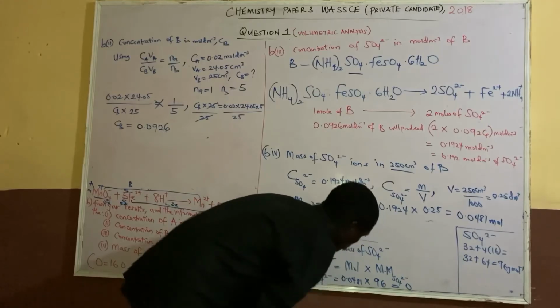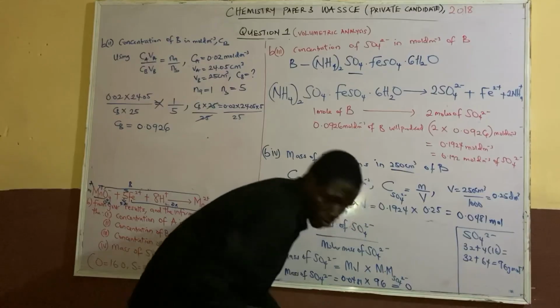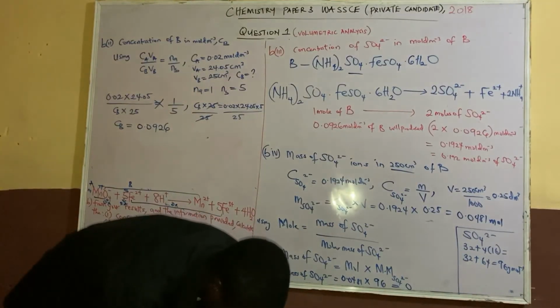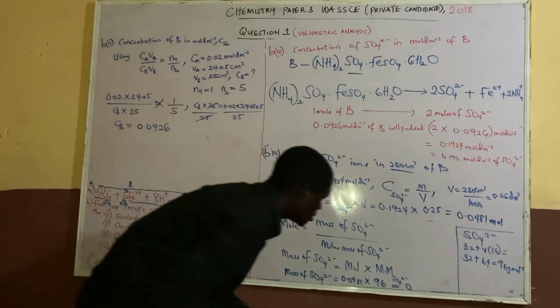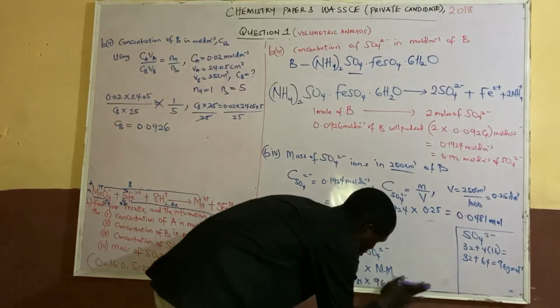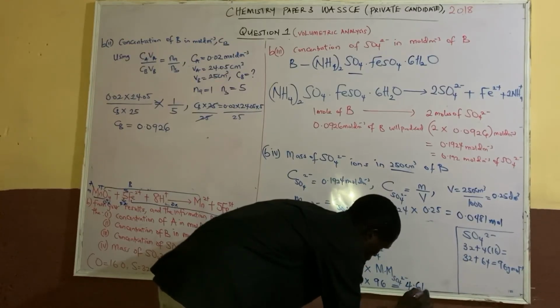Press that on the calculator, what do we have? Multiply by 96, and the answer is 4.617 gram.